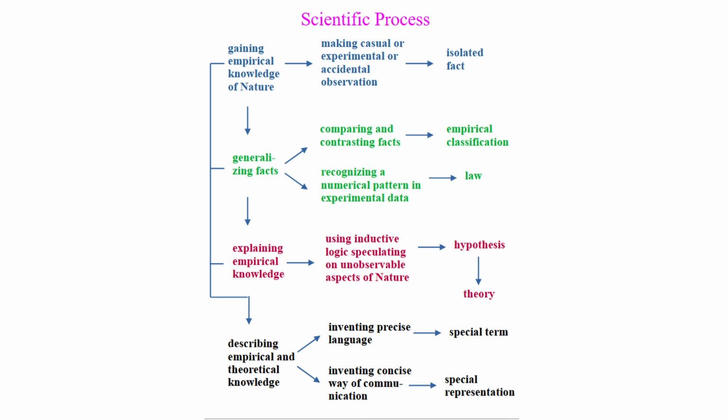The third major activity is making sense of, understanding, and hence explaining empirical knowledge. The tool is to speculate on the invisible and observable aspects of nature with the help of inductive logic.